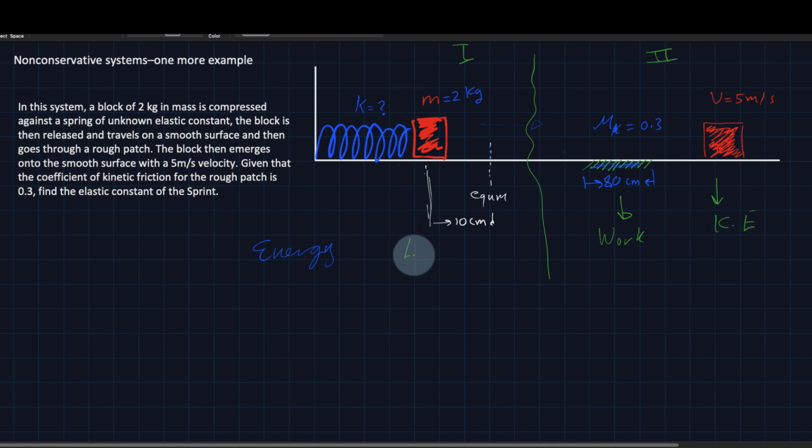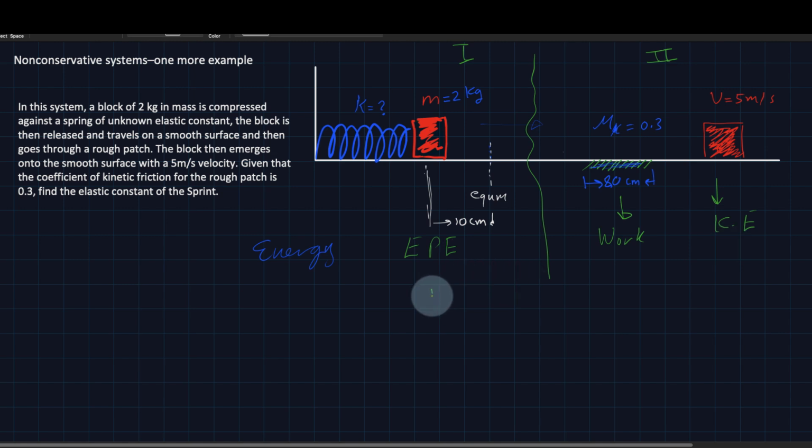So here we have elastic potential energy. All of these energies, which is the elastic potential energy, was transformed into work to overcome the friction, and the rest of it is left as kinetic energy. So that's how you should think about it.